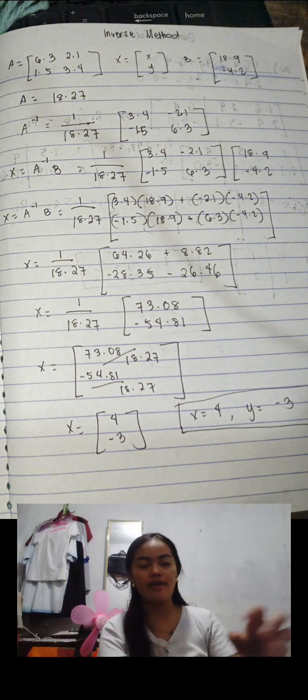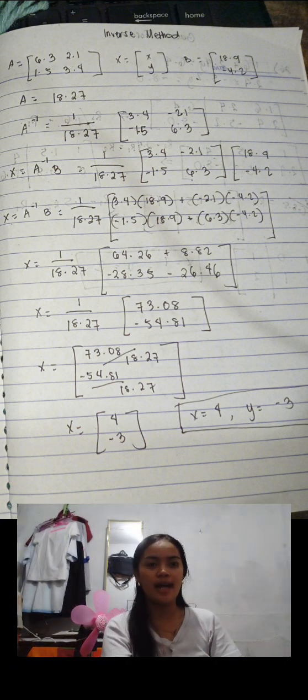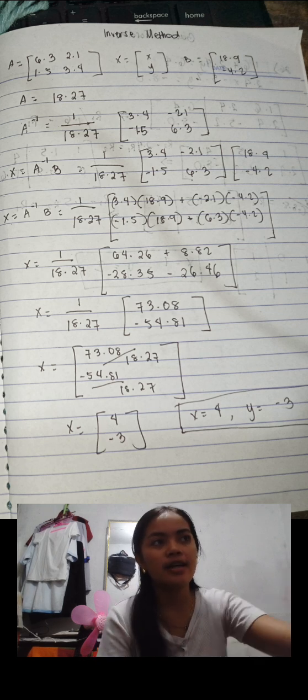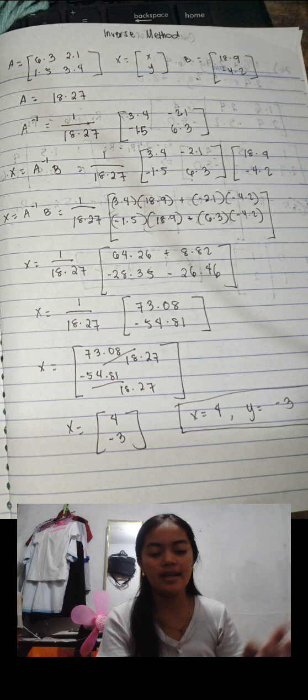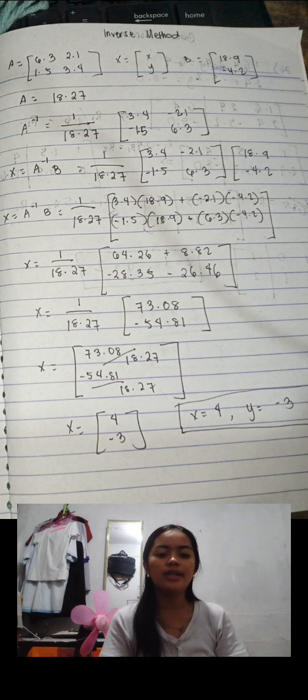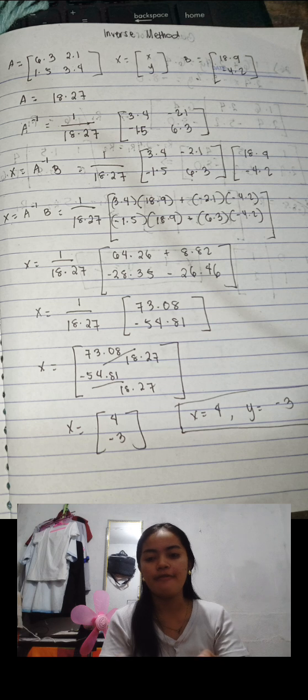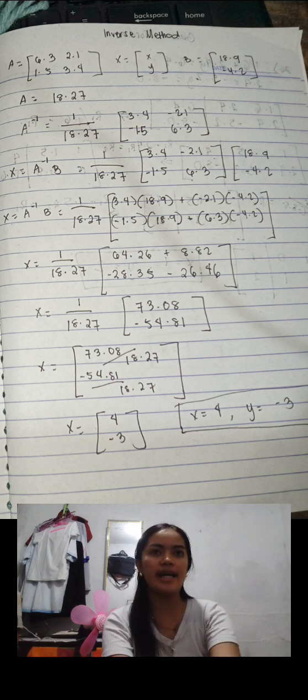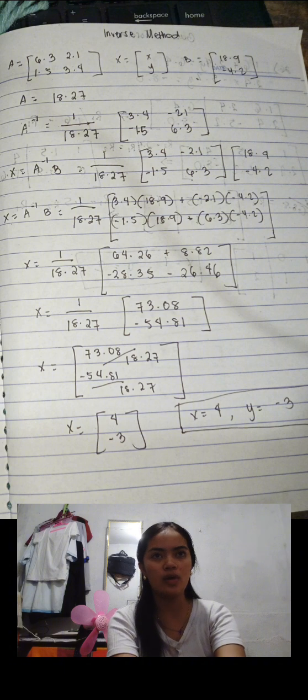For our B, we have 18.9 and negative 4.2. After writing this in matrix form, we need to calculate the inverse of the coefficient matrix. We have A inverse equals 1 over 18.27.